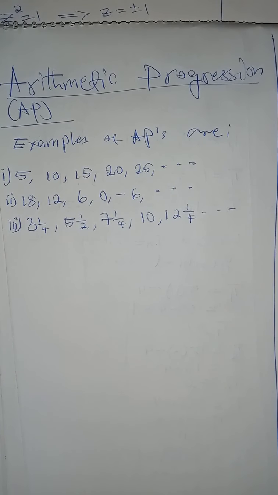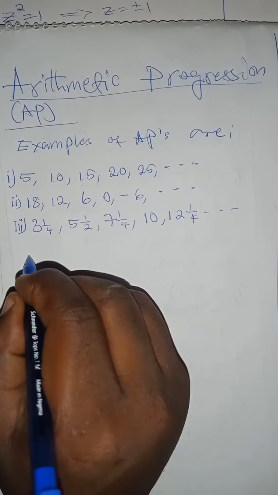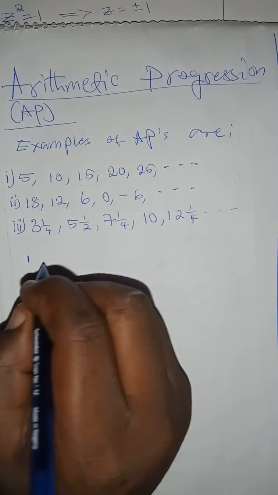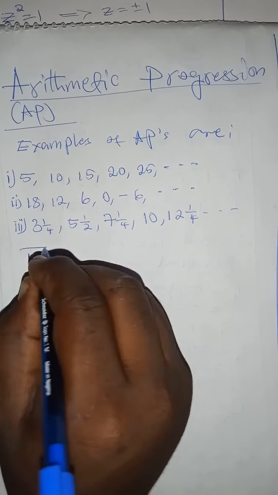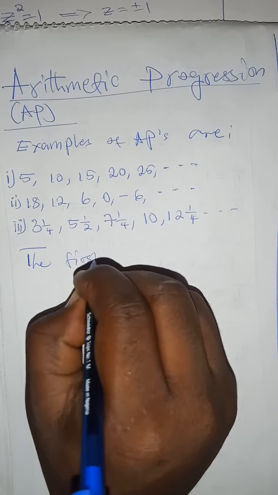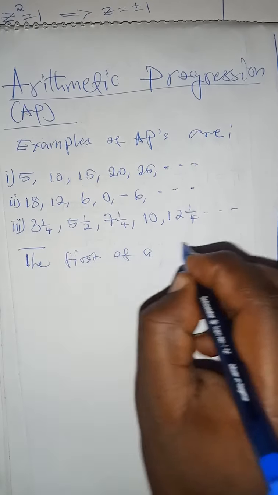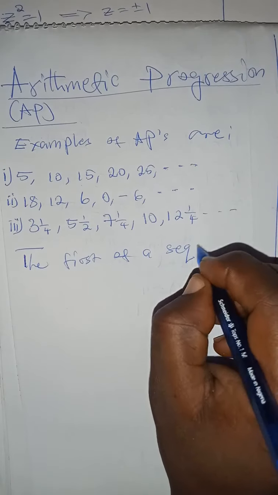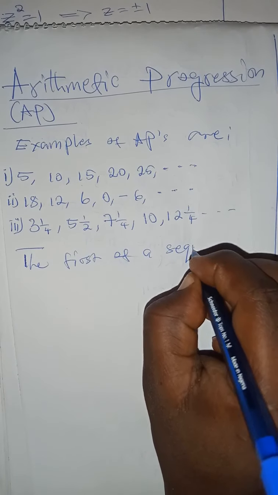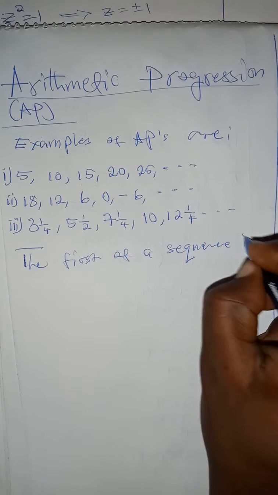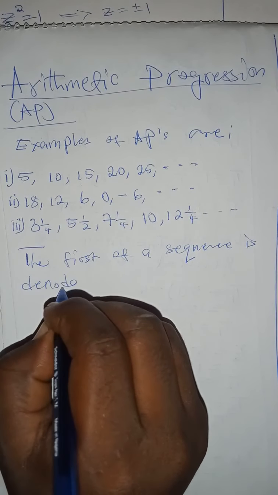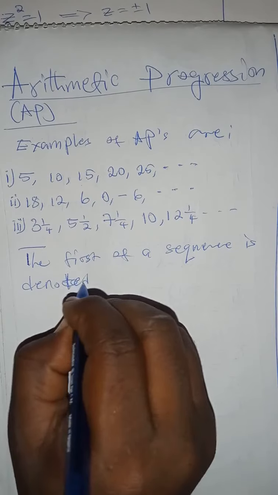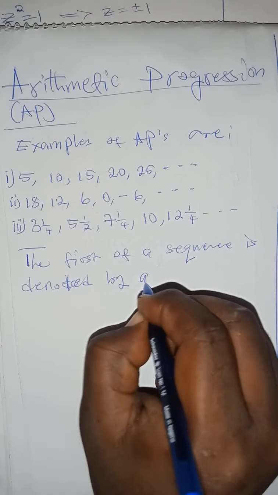Now, this is how to calculate the common difference. The first term of a sequence, whatever sequence it is, is denoted by A, always.